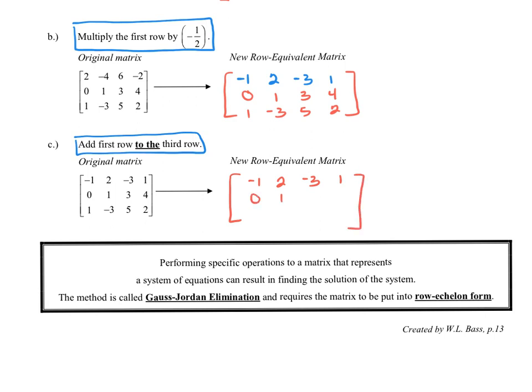So these first two rows stay exactly the same. Then I'm going to add this row 1 to row 3. And when I do that, I'm going to get a 0, and I'm going to get a -1. I'm going to get a 2. And lastly, a 3. Okay, so that's how we would step through those row operations.